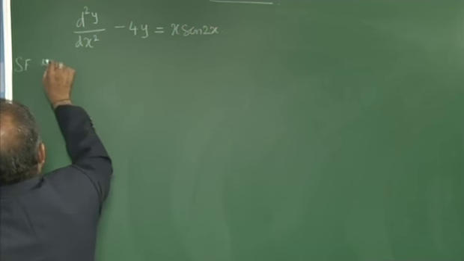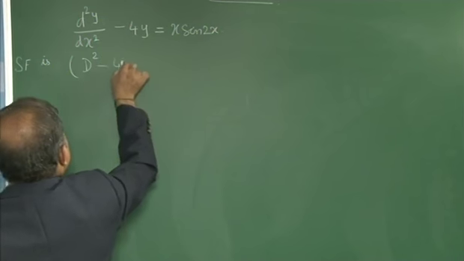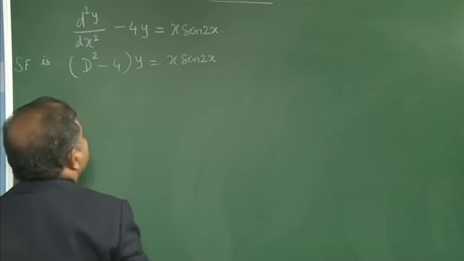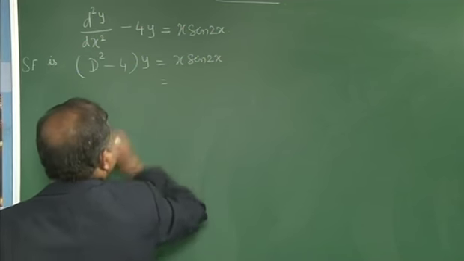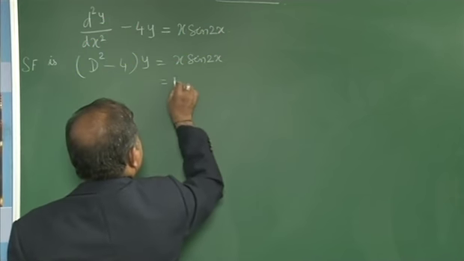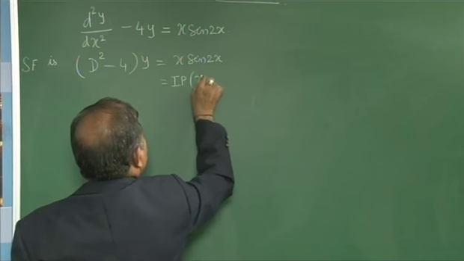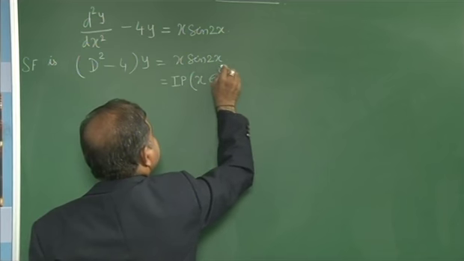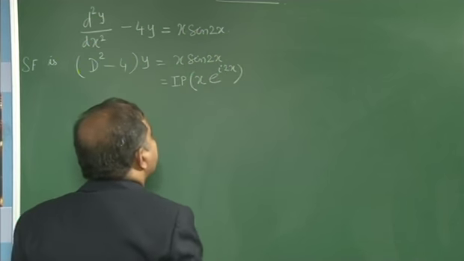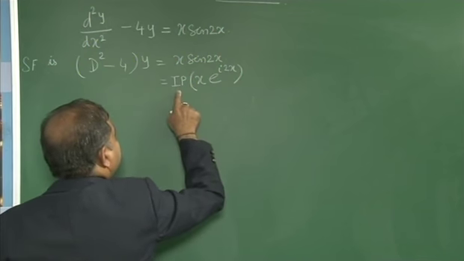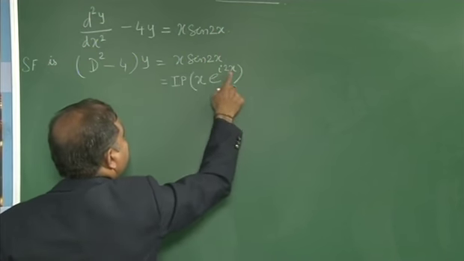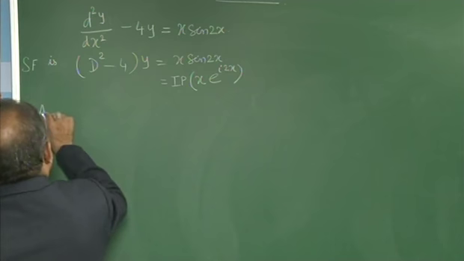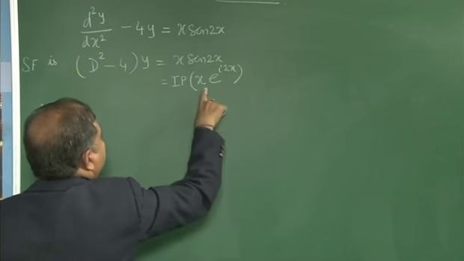The standard form is D squared minus 4 into y equals x into sin 2x. First I should change sin 2x to the imaginary part of e power i bx, that means e power i 2x, since I have sin 2x. Remaining things are the same. Now it has become type 4.